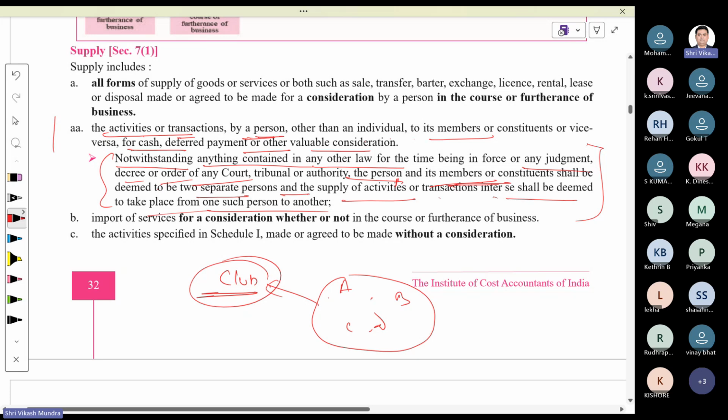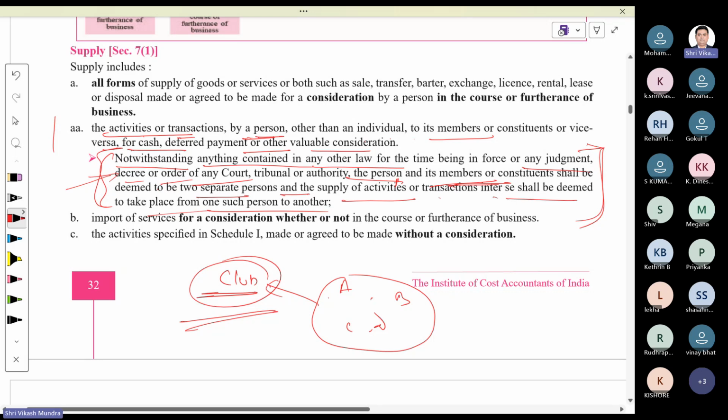Imagine, to introduce the tax on this activity, what type of explanation they have inserted. Whatever is mentioned in any other law for the time in force, or whatever is mentioned in any decision made by any court, law, authority, forget about all these things. For the purpose of this law, we will consider the club and their member as two different persons.